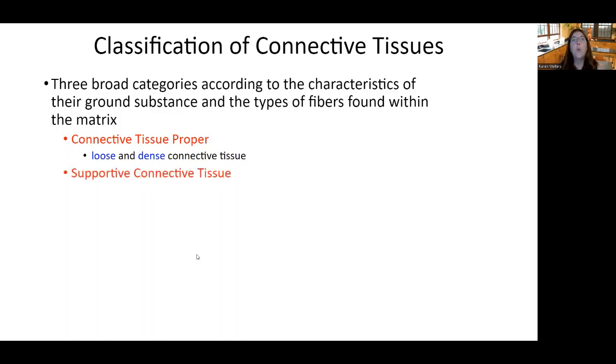Then we have supportive connective tissue. This is your cartilage and bone. And from the bone origin, we have a fluid considered a connective tissue, and that's your blood and also your lymph fluids. So those are the 3 categories: our proper connective tissue, our supportive, and our fluid.